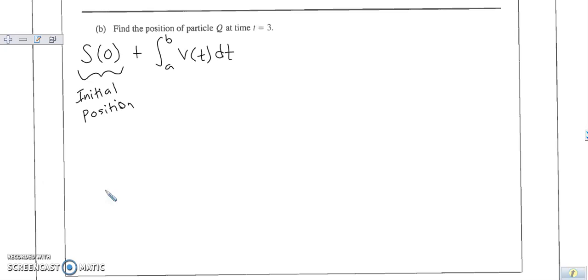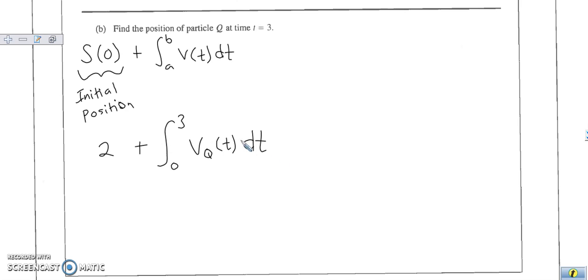So what we have is 2 for the initial position, plus the integral from 0 to 3 of velocity for particle Q with respect to time.